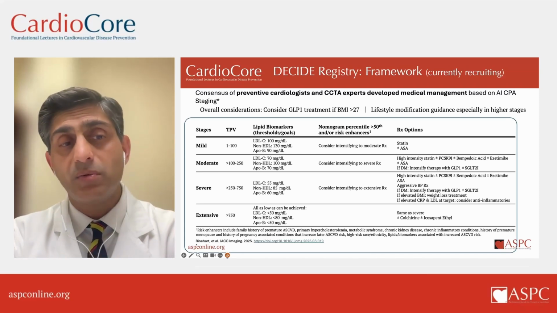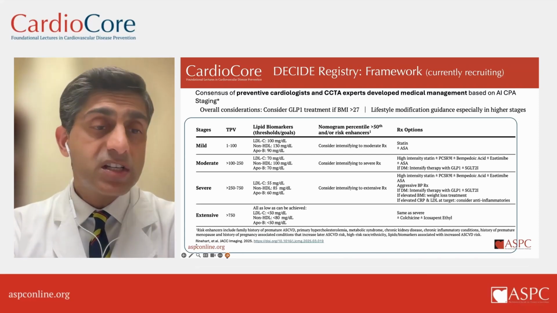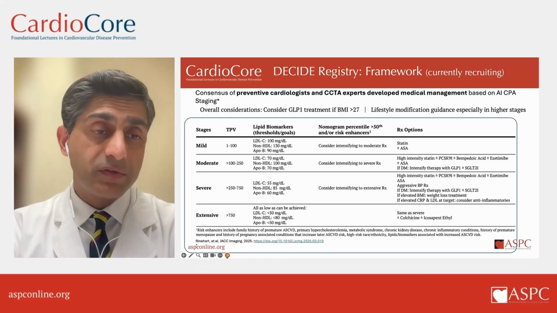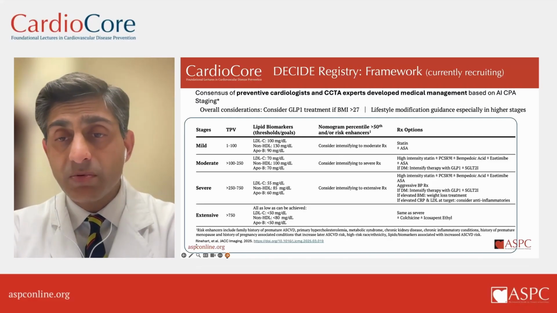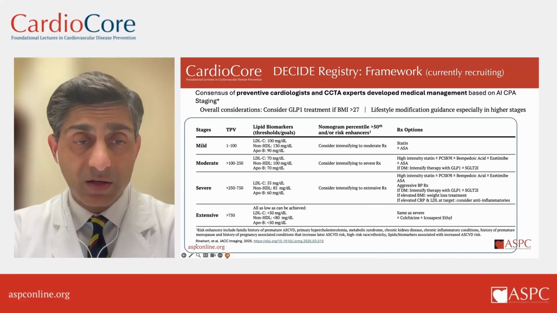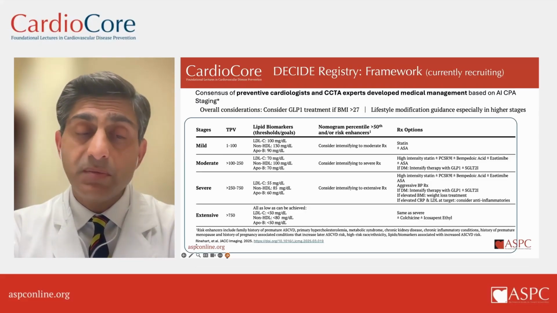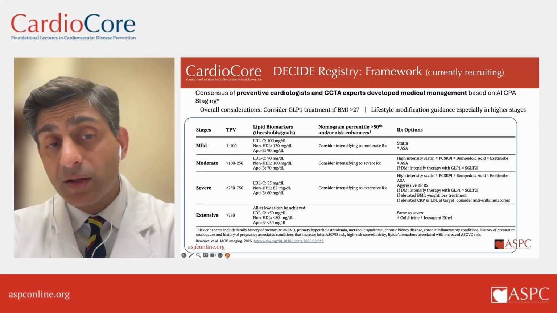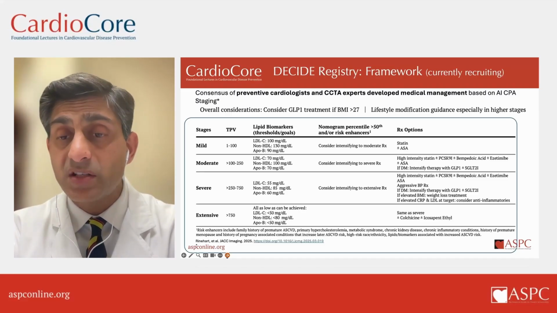And you can see here that when the total plaque volume is 1 to 100, statins may be reasonable. When you've got a moderate plaque of 100 to 250, getting that LDL less than 70 is reasonable, and you may need to use other therapies. Now, when you get to those severe classes where the plaque volume is 250 to 750 millimeters cubed, you want to get the LDL potentially less than 55, and you may need to go more aggressive.